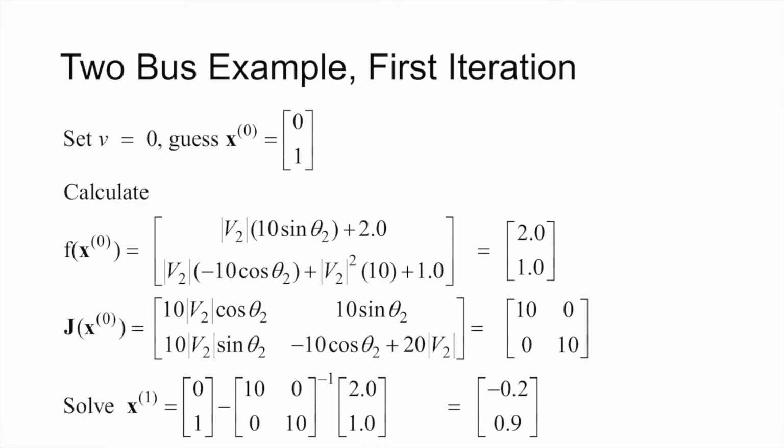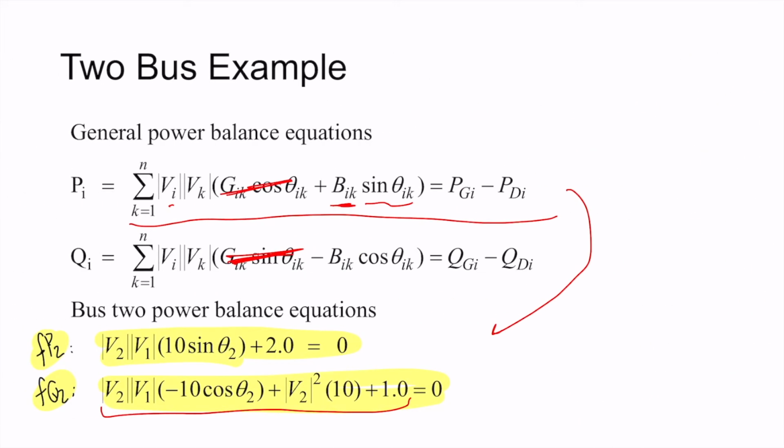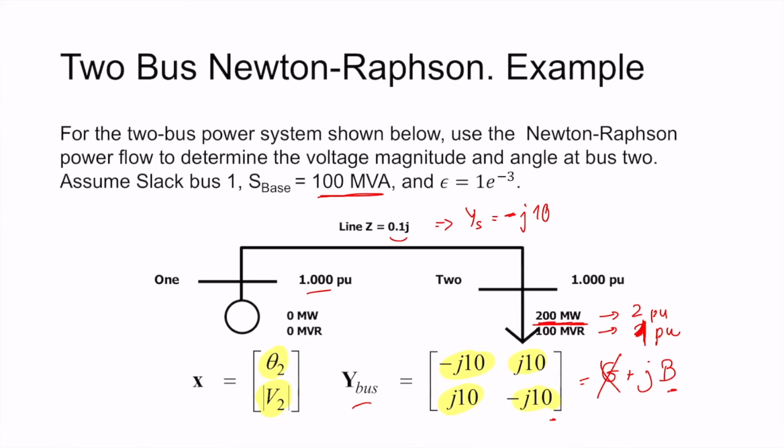So how do we start this iterative process? Well, we start with an initial guess at iteration nu equal to 0. Let's go back to remember what my decision variables are. The first variable is theta or delta, sometimes I call it delta, and the second variable is V. V is in per unit and it should be very close to 1.